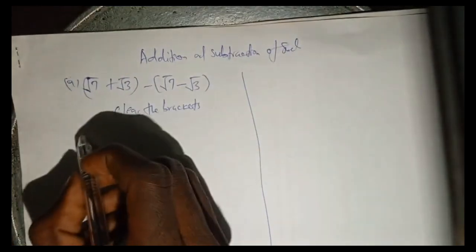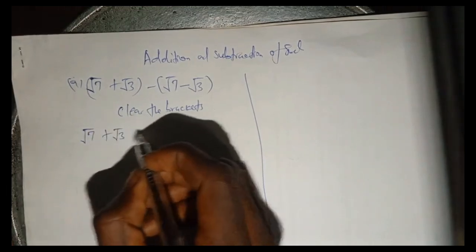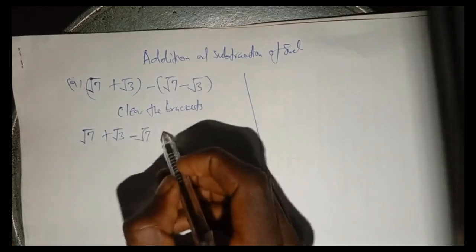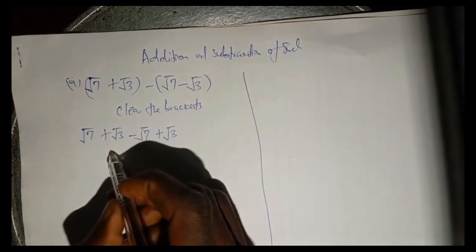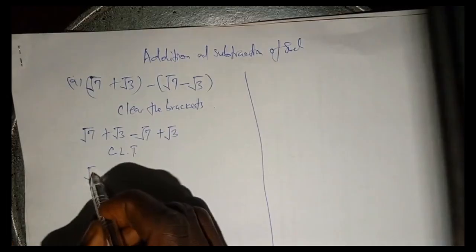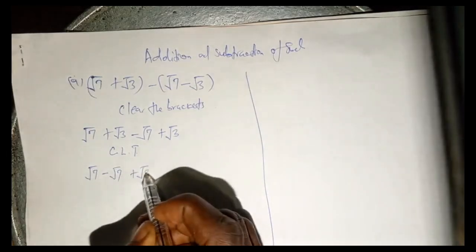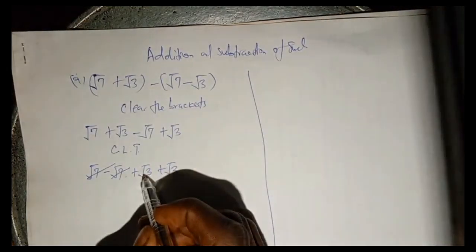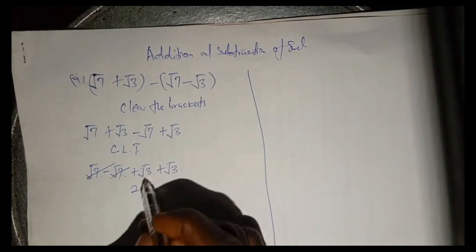When removing the brackets, we have root 7 plus root 3, minus times plus is minus root 7, minus times minus is plus root 3. Then the next thing is to collect like terms. By collecting like terms, we have root 7 minus root 7 plus root 3 plus root 3. So root 7 minus root 7 is 0. Root 3 plus root 3 is 2 root 3. That means 1 root 3 plus 1 root 3 is 2 root 3.